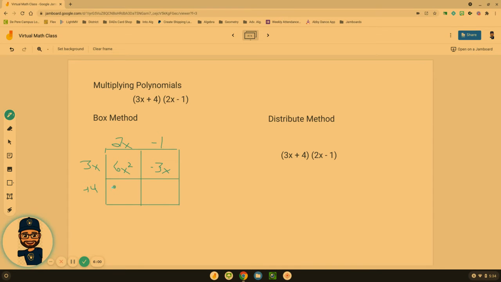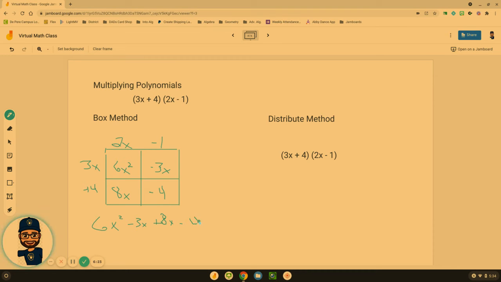4 times 2x is 8x. And 4 times negative 1 is negative 4. So that leaves us with a product, or an answer, of 6x squared minus 3x plus 8x minus 4.